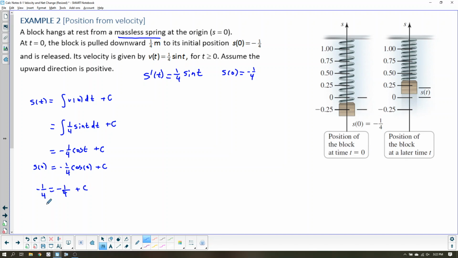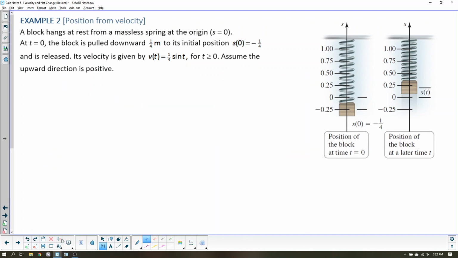If I add this over, then we get 0 is equal to c, which is nice for us. So the constant came out to 0. All right, so conclusion is our position function is just -1/4 cosine of t. And that's that. This method will always work as long as you have an initial condition. I think it's the fastest way, but let's look at the other way.